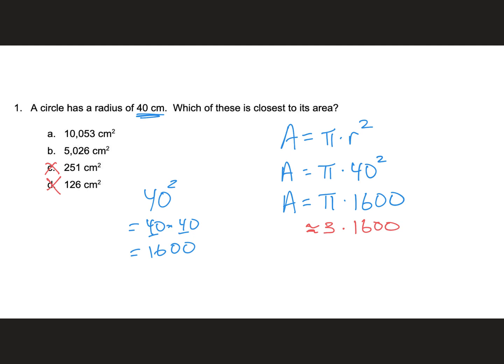And if you get your calculator out, or if you just want to do 3 times 16, you'll find that 3 times 16 is roughly equal to 4,800. Now, that means it can't be A, so the answer has to be B. This is the only one that actually makes sense.